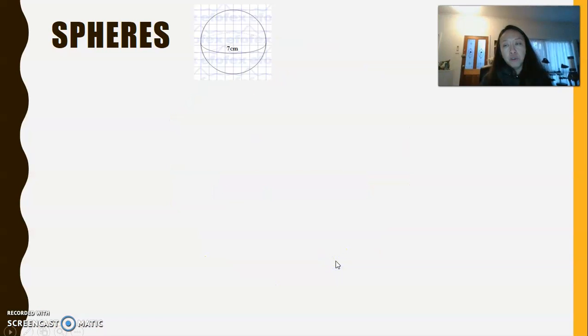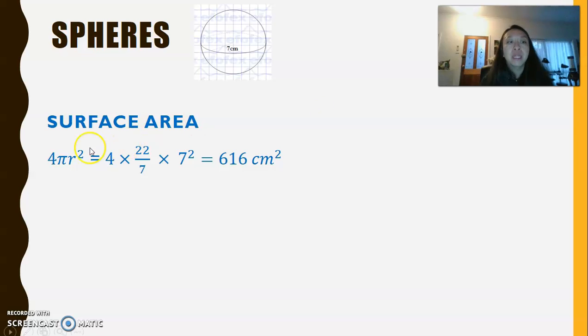A sphere actually looks like a round ball and it has the same radius throughout the whole shape. I've set this sphere to have a radius of 7 centimeters. If we are talking about the surface area of a sphere, it has a fixed formula of 4 pi r squared.